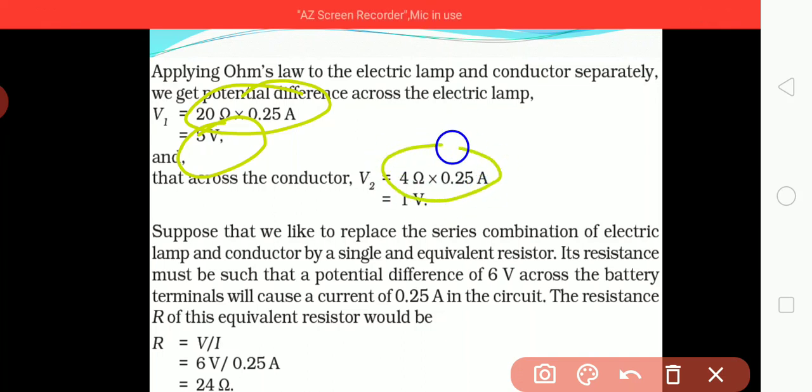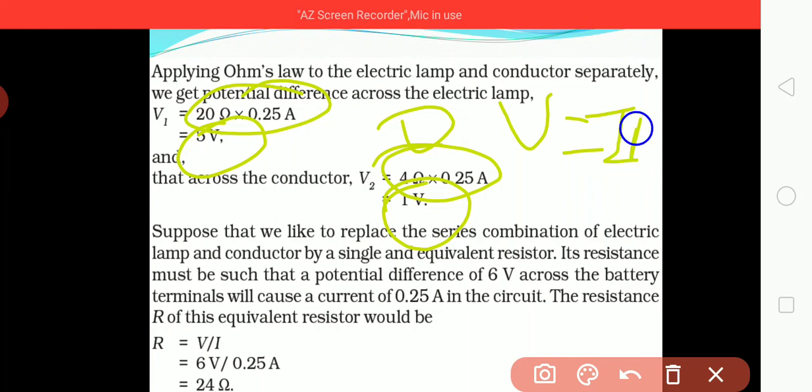In the same way for the second one, V of the conductor is 4 multiplied by 0.25, which is 1 volt, because we have the formula V = IR. Here I is 0.25, which is constant for both of them, and R is the resistance of the conductor, which is 4 ohm. In the same way for V1 it will be 20 ohm.